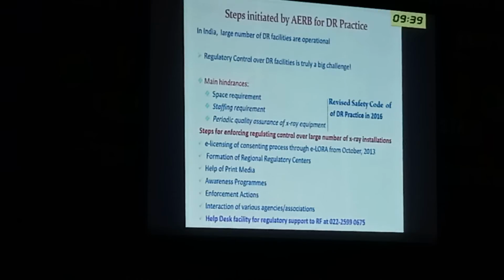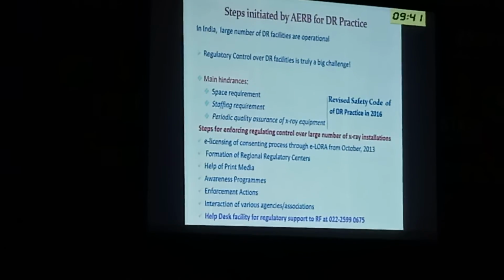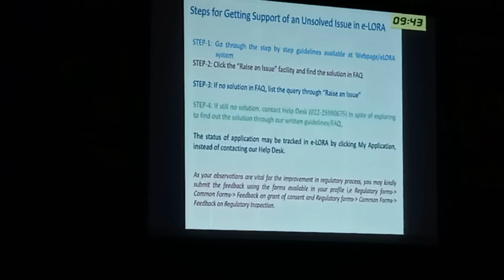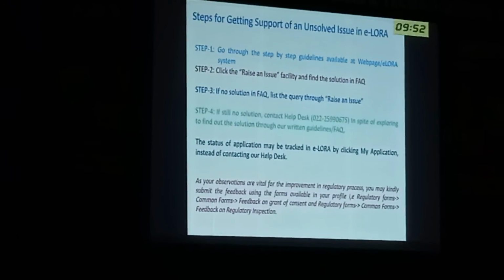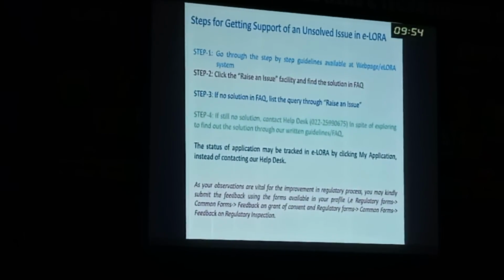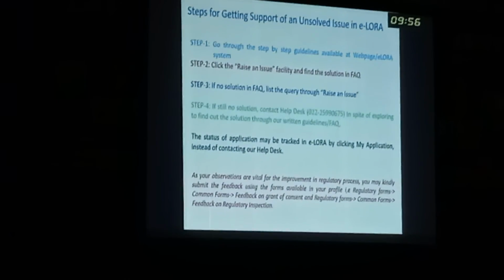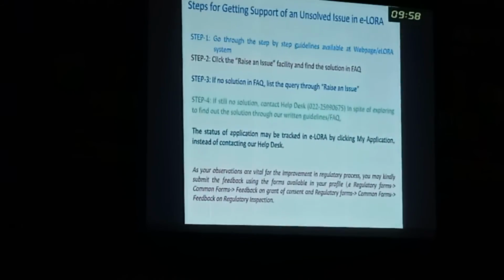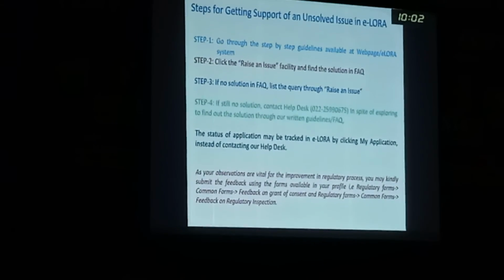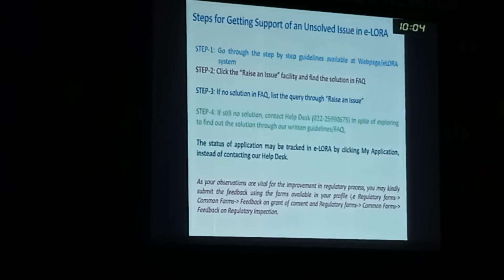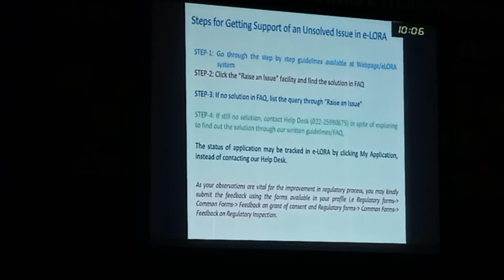So if you face any difficulty, you can always call this number. These are the different steps, you can kindly go through this. If you have any problem, you can raise an issue through eLORA, and there are different FAQs, so you can get answers to these things. And we have a feedback mechanism also, so you can give your feedback by following this path.